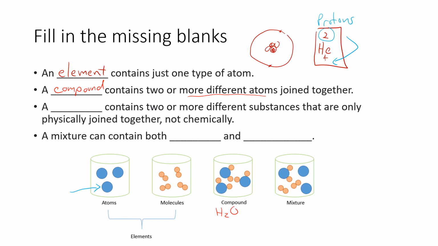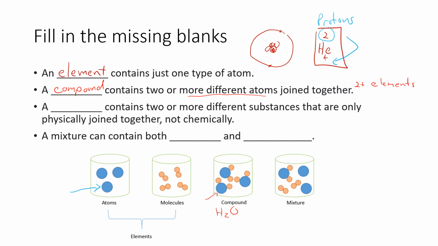You can see here, there's two of these, one of these, total is 3. If you look at the example of that molecule there, you're going to see that that is actually 3 atoms that are joined together to make the compound. But the idea here is 2 or more different atoms joined together. Another way to say that is 2 or more elements that are combined.